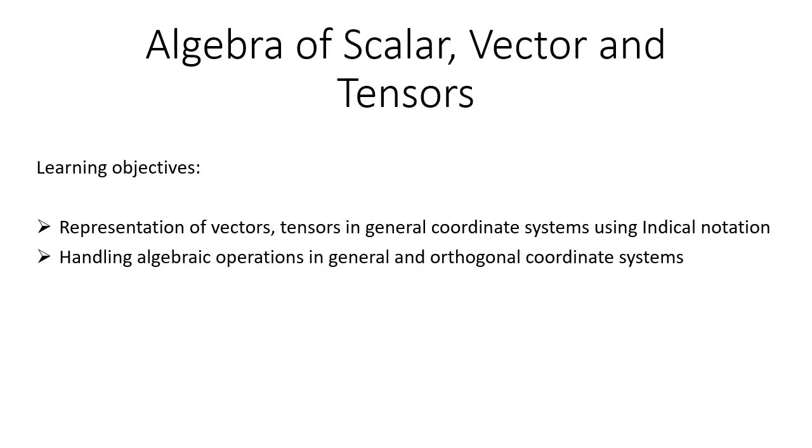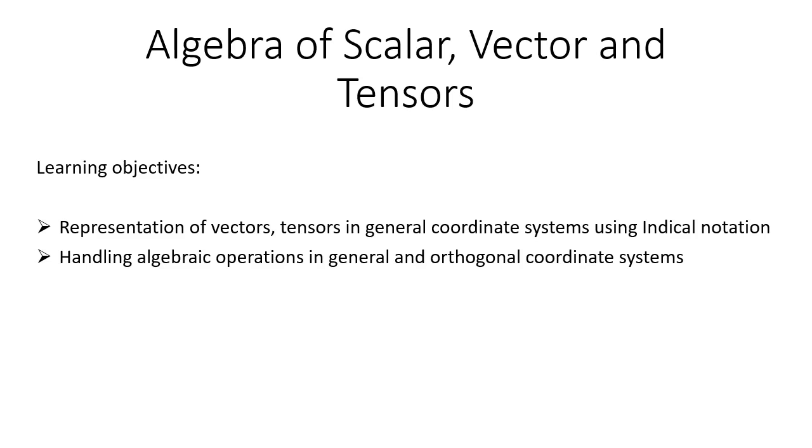So how to handle these algebraic operations involving, of course, vectors and tensors. For scalars, you don't have any dot or cross products. You only have the addition and subtraction operators. So that is very straightforward. For the sake of completeness, it has been mentioned here.